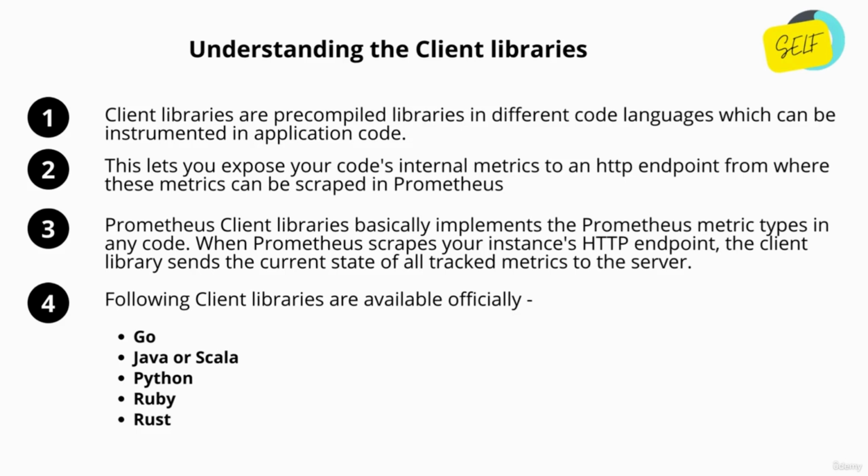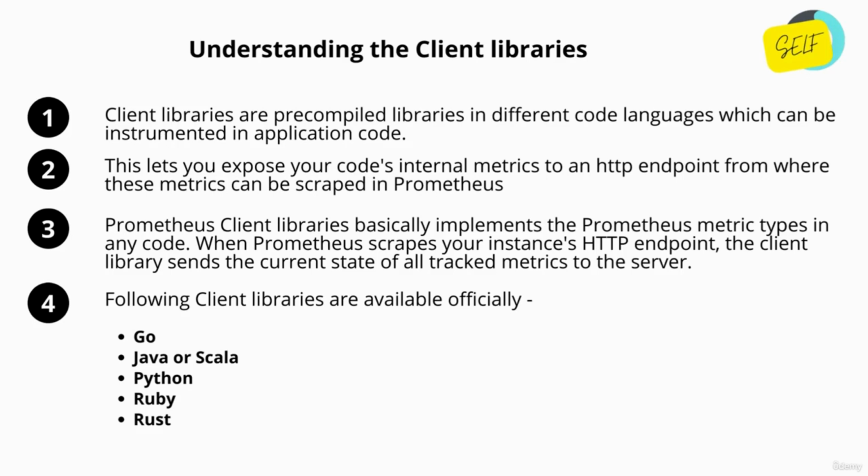So the client libraries implement the Prometheus metric types in your code, and when Prometheus scrapes your instance's HTTP endpoint where the metrics are exposed, the client libraries send the current state of those metrics to the server. Okay, so all the metrics which are exposed, their current state is sent by the client libraries to the server.